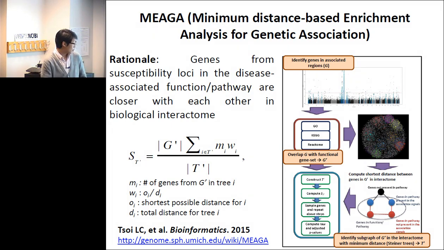Then we have a summation over the information for each Steiner tree, including the distance in each tree. If the tree is really large, it means the genes are far apart from each other, so we downweight that. So these are the three components that we integrate into the statistic.